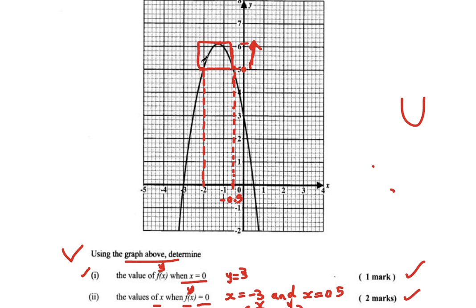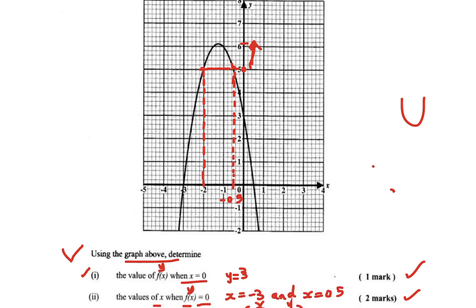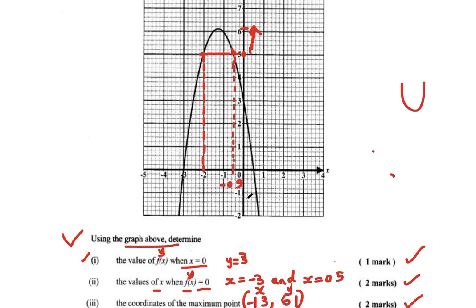The range of x values, the set of x values that corresponds to that area where y is greater than 5, would be this piece of the curve here. And this piece of the curve corresponds to x values of -2 and -0.5.